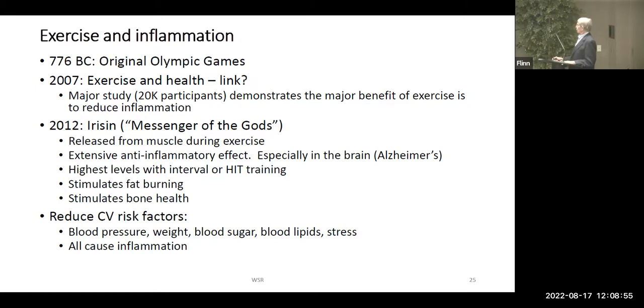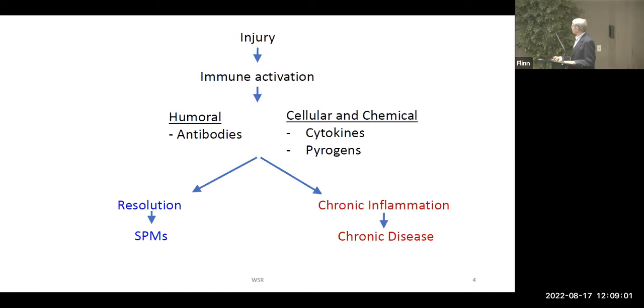So exercise also reduces risk factors, all of which cause inflammation. So here's the cascade again. Exercise has an interesting role in this particular cascade, though, because everybody knows that if you work out hard, you hurt for the next couple of days. What you've done is damaged muscle.